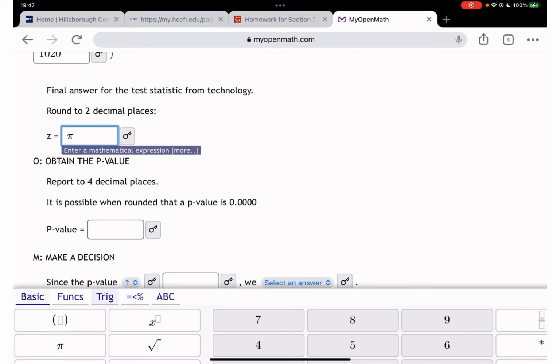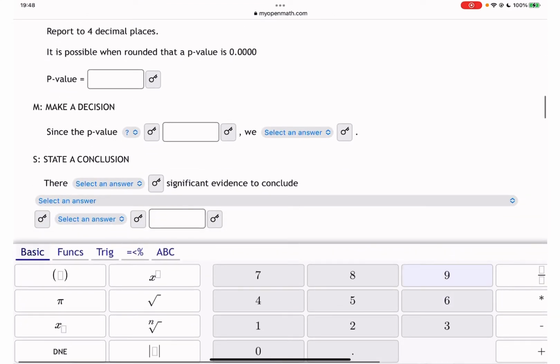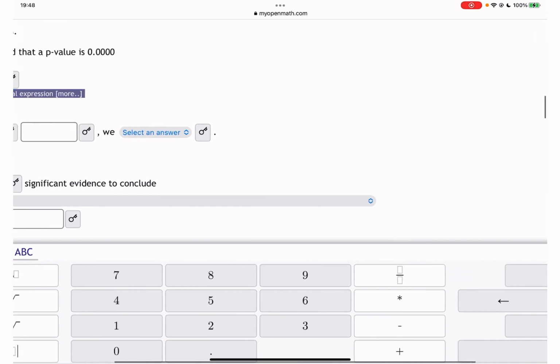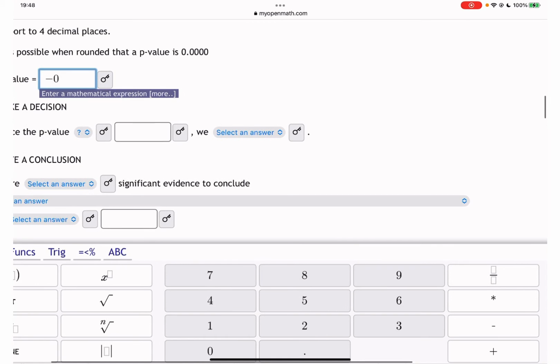Okay, let's go back and type it in. Negative. Can we plug in negative here? No, wrong. No, I said 3.05, right?